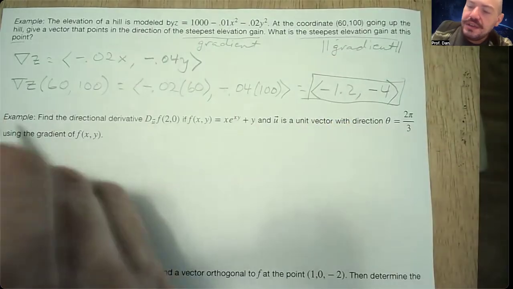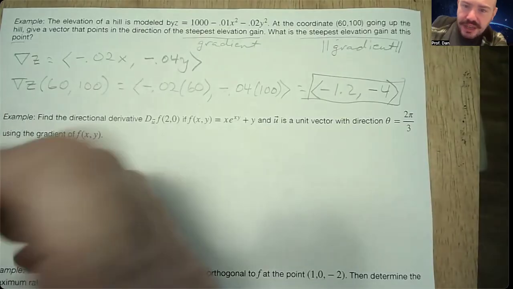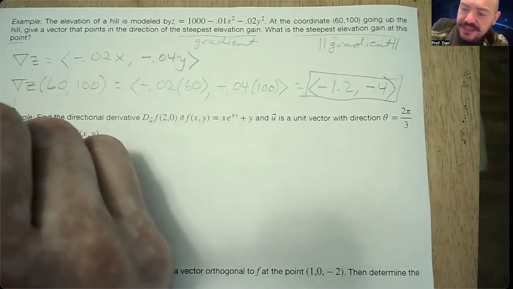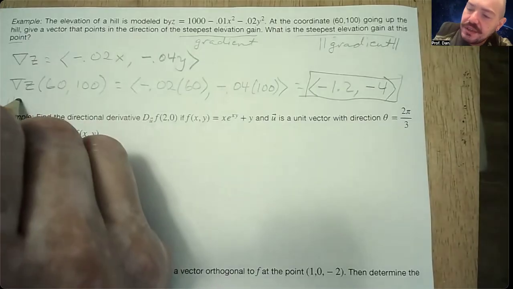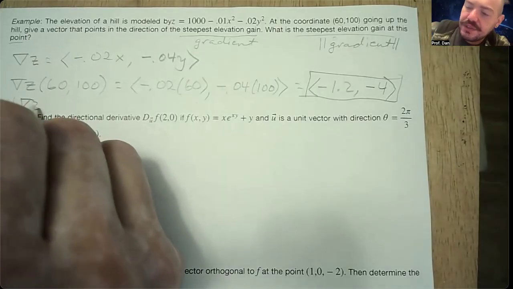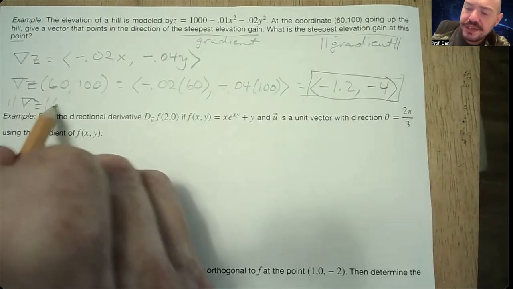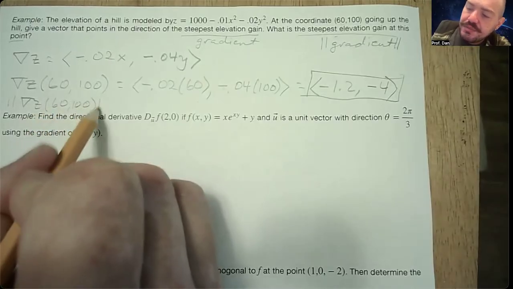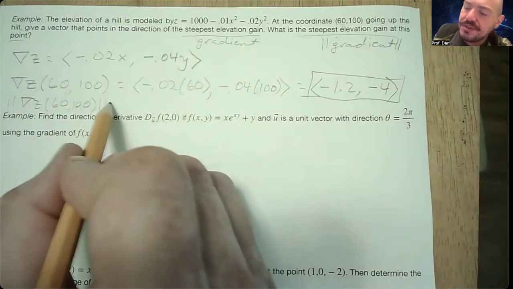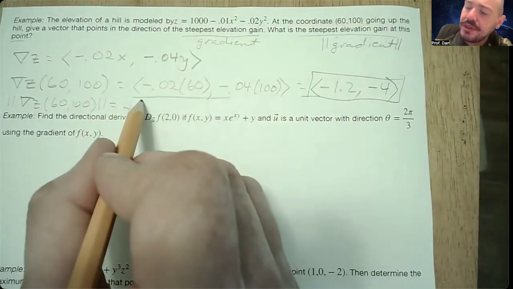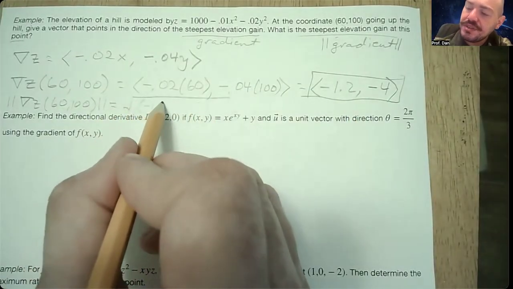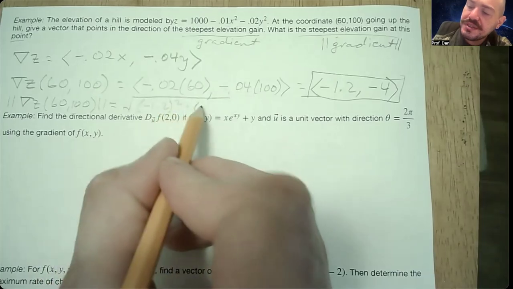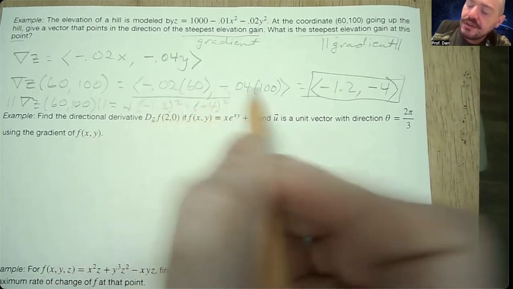Right? Now to find the actual value of that rate, we would need to take the magnitude of the gradient of z evaluated at 60, 100. Since we already know the components, all we do is just our regular magnitude formula. So it'll be negative 1.2 squared plus negative 4 squared.